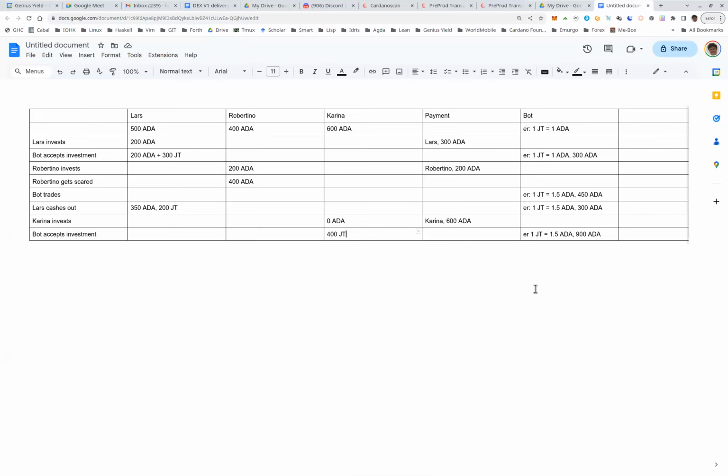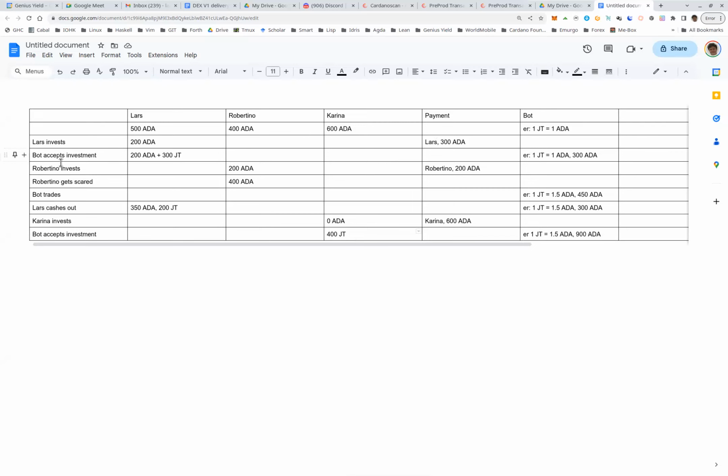Question: can the bot mint tokens as well? Yeah, I think Robertino already said that. Each time the bot accepts an investment, it must mint tokens. So the bot is actually at the moment the only entity allowed to mint. Right, so the minting policy of the token would ensure that it only mints in this situation. A payment has to be consumed.